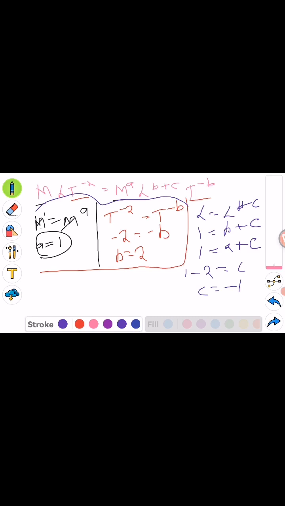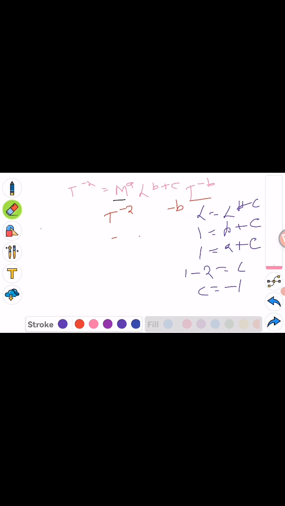Now you take it back to your original equation. When we were trying to find what relationship F has with m, v and r, we said F is equal to k m^a v^b r^c.